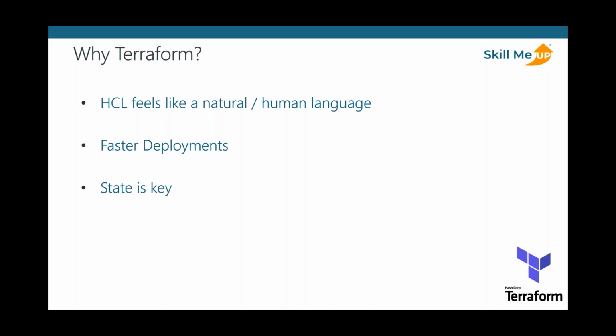Another interesting one that I'll walk you through in some of the demos is that Terraform is using a state file. So you start with creating the template, and once you have your template and you're going to run your actual deployment, it's going to capture the state of your deployment.